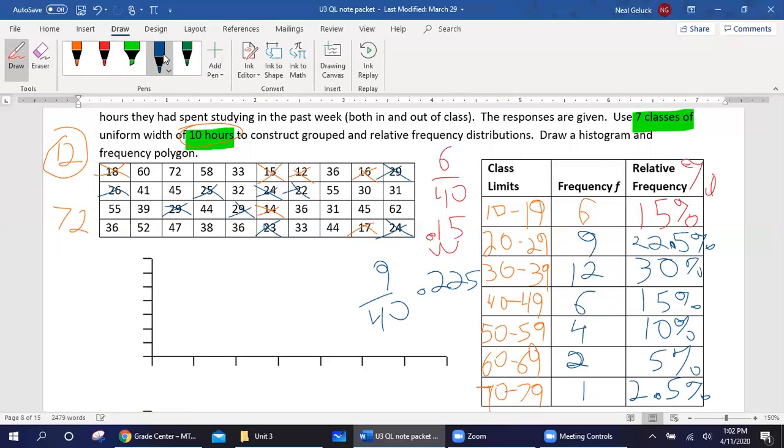Now, just like the frequencies should have added up to 40, the relative frequencies should add up to 100%. And if you check that, they do.